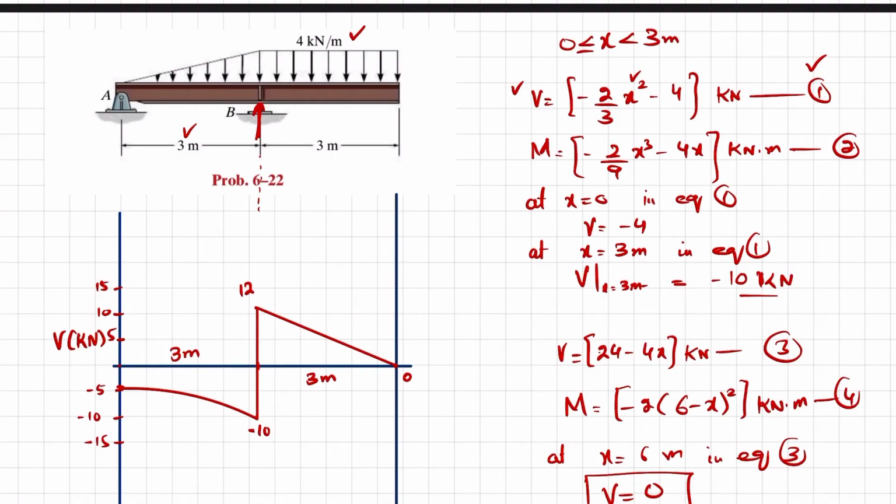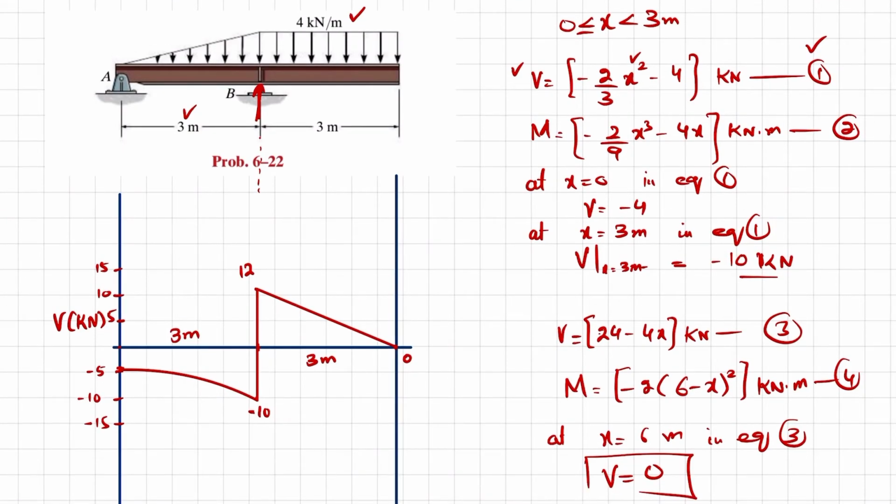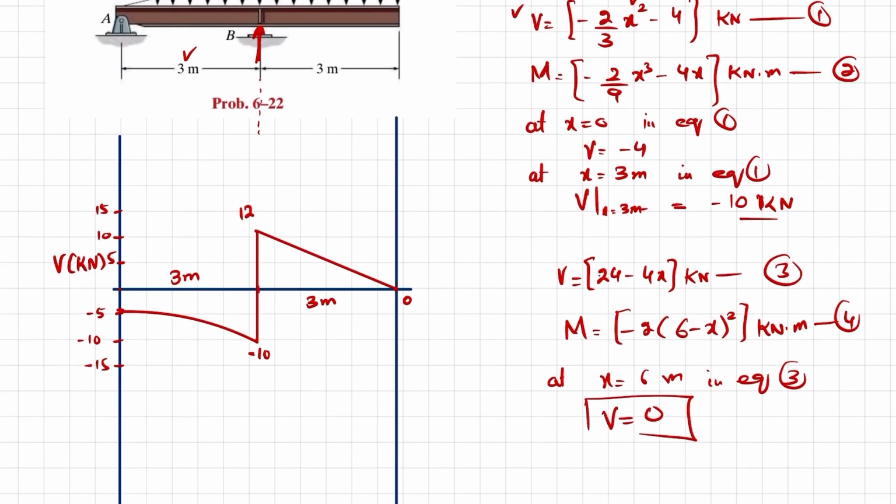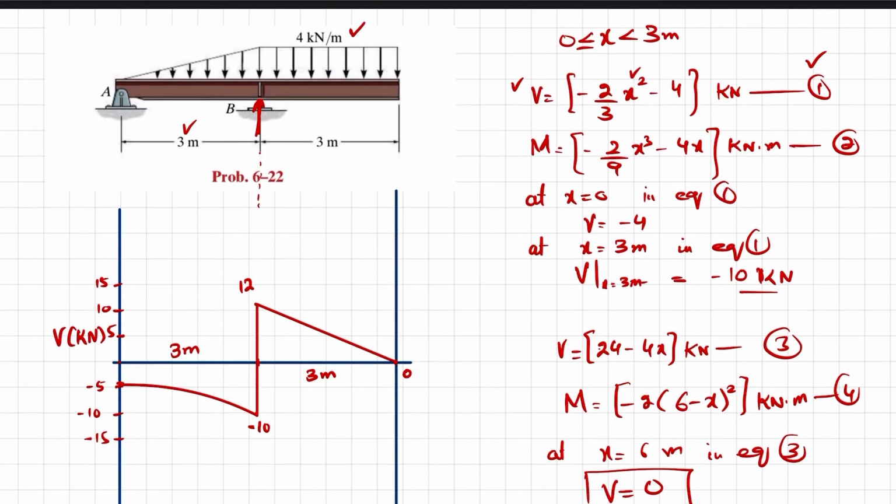You can also use the shear force diagram in order to find the bending moment, but you have the equations as well. So at x is equal to 0, when you put it in equation 2, you will get moment is equal to 0 because you can see this is x.